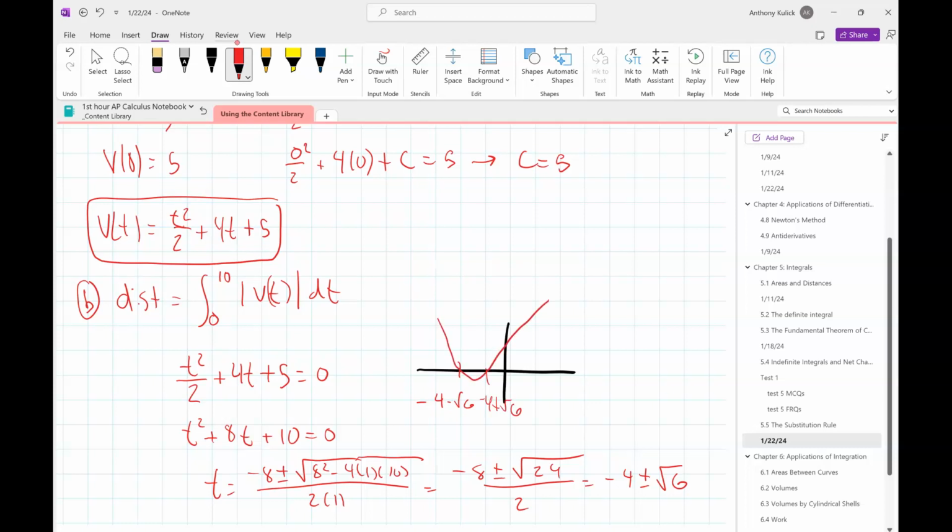So it's going to look like that. What that tells me then is it's always positive from 0 to 10. So I should be good. Just do it regular, because there's no part where the velocity is negative.